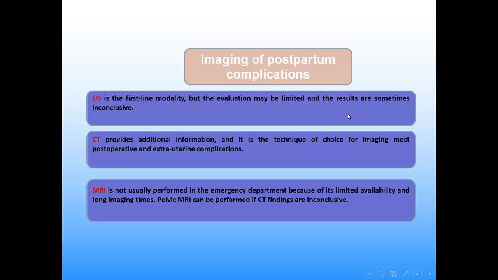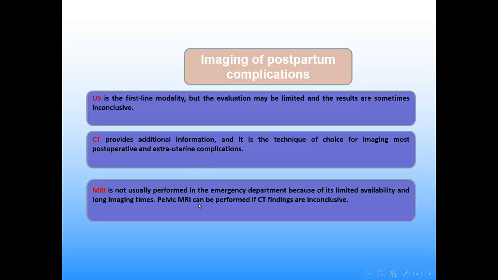And this is very, very important if the patient is coming in early post-cesarean, for example, and she has a collection in the pelvis. Is this collection blood or inflammation or uterine dehiscence? This is very important to consider. CT provides additional information, and it is the technique of choice for imaging most postoperative and extrauterine complications.